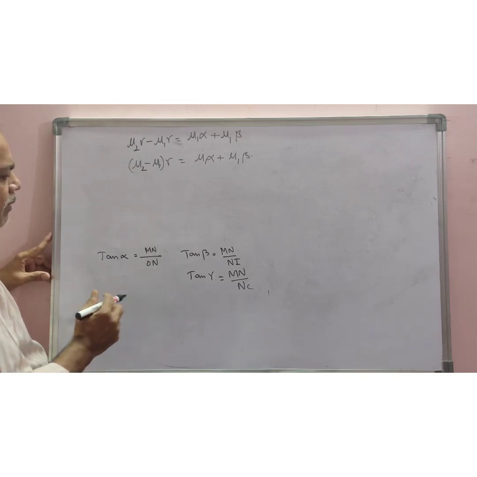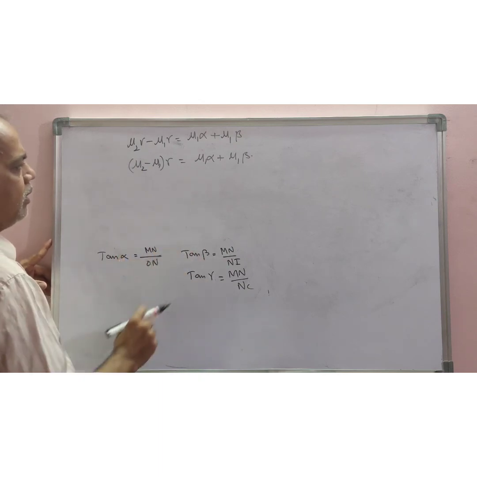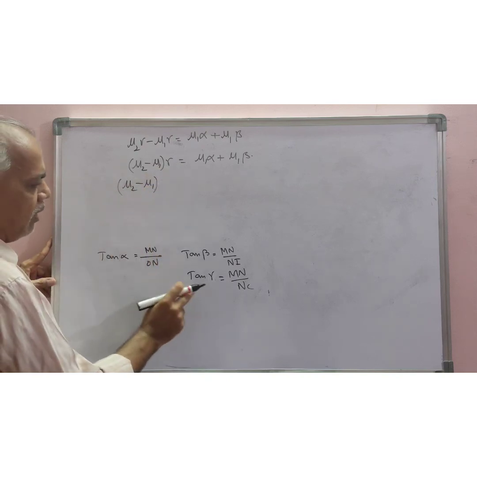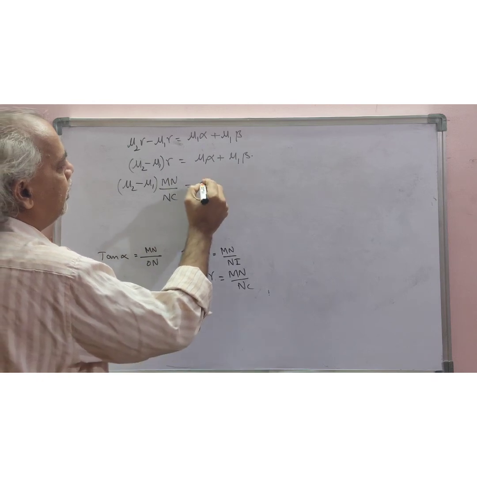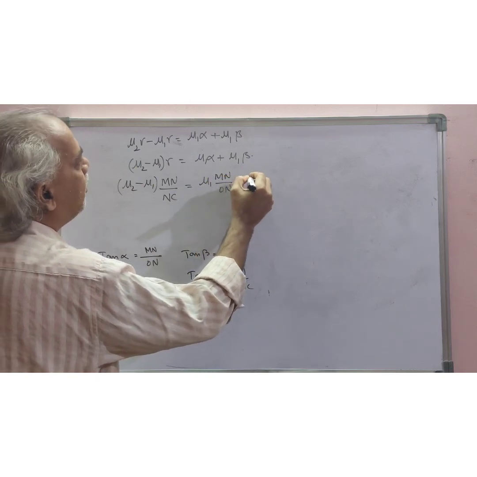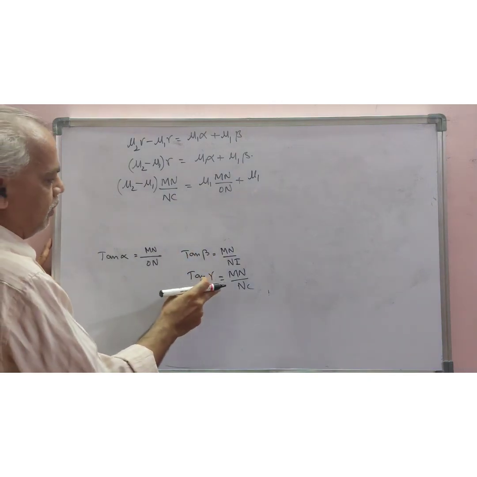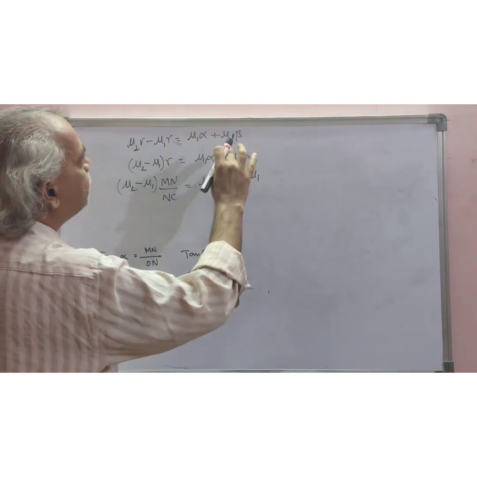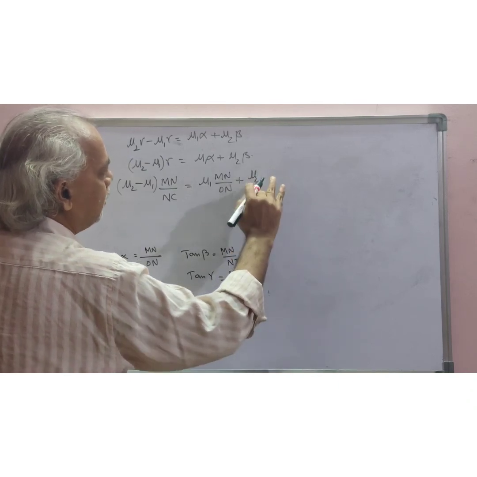Since the angles are very small, tan alpha can be taken as alpha, and likewise beta and gamma. Substitute those values: mu2 minus mu1 into gamma, where gamma is MN by NC, is equal to mu1 into alpha, which is MN by ON, plus mu2 into beta, which is MN by NI.